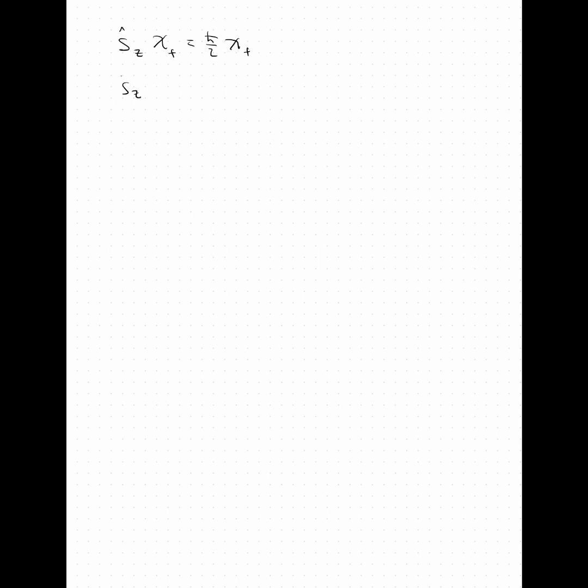Sz acting on chi minus gives you minus h bar over 2 chi minus. An important note, as you might expect for eigenfunctions, chi plus and chi minus are orthogonal.